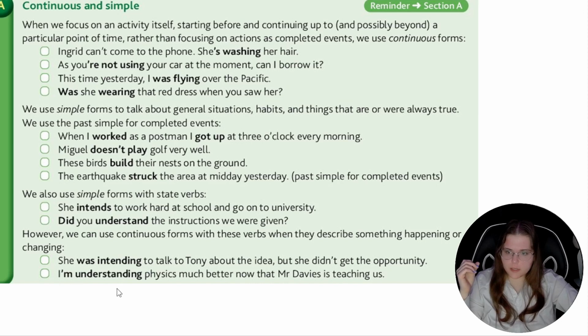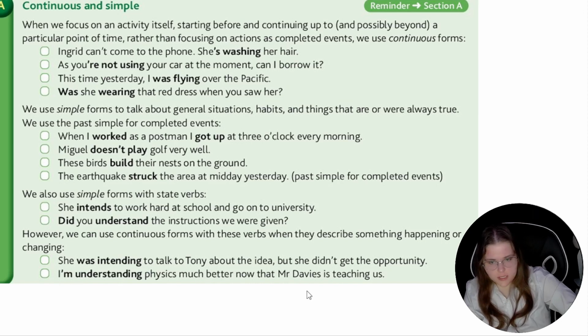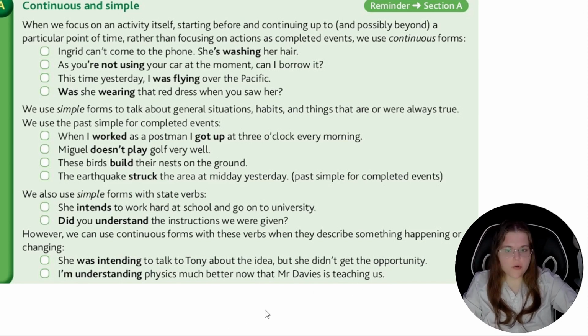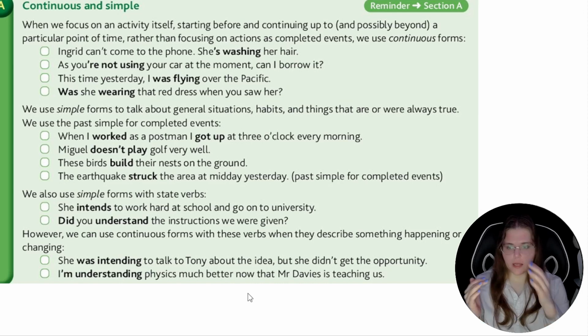So, I'm understanding physics much better now that Mr. Davies is teaching us. I am understanding it right now, and this is something very important, maybe irritating with the emotions. It's not about effect. It's not about just I know this rule, and this rule, and he knows this rule, and this rule.